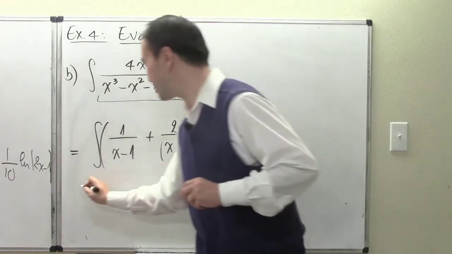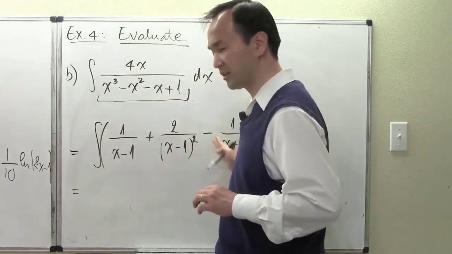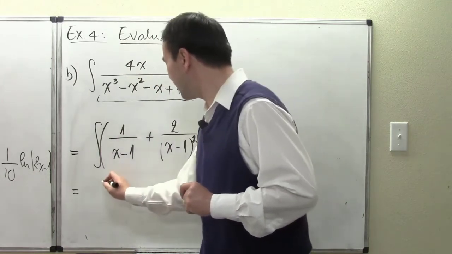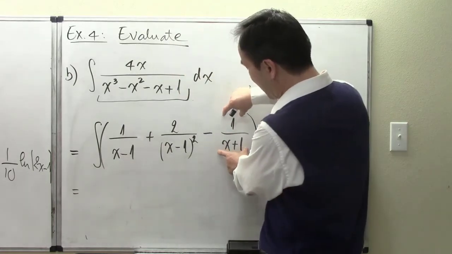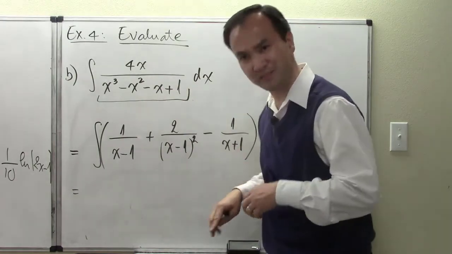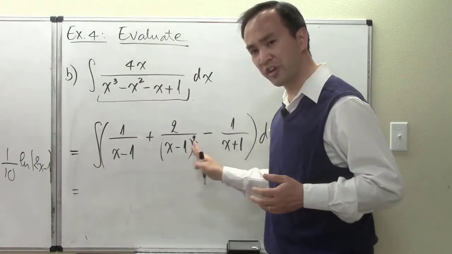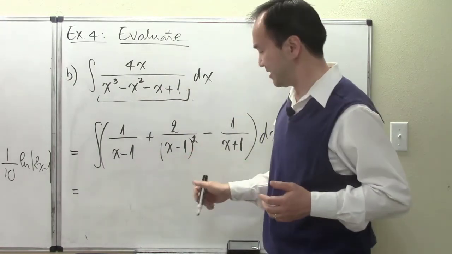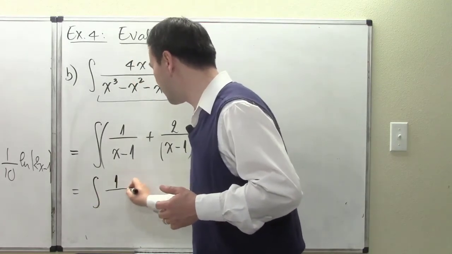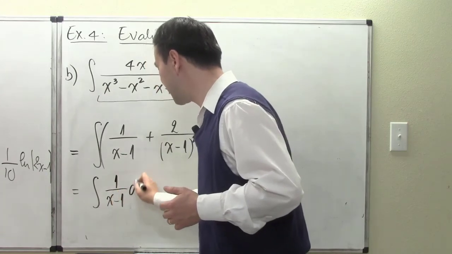And just like how we did in part A, we can break it down and work on the problem term by term. Allow me to switch that term to the middle position, and put the last term, the one with the square, last, because I want to put some consideration on that term. So here's how it looks. There's one separate integral for 1 over x minus 1, which is easy.